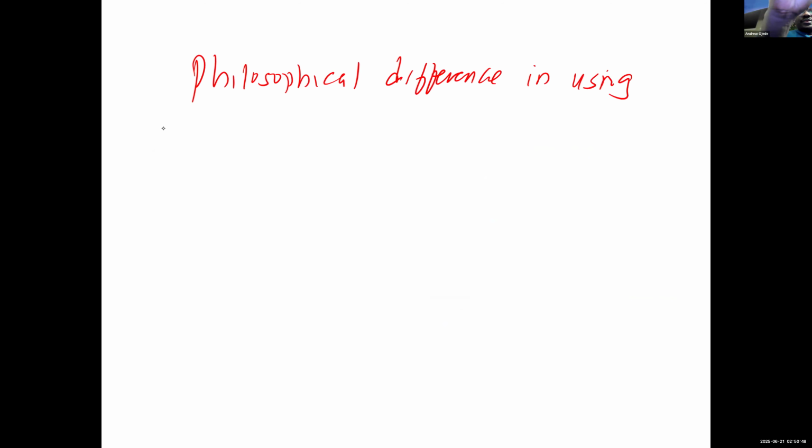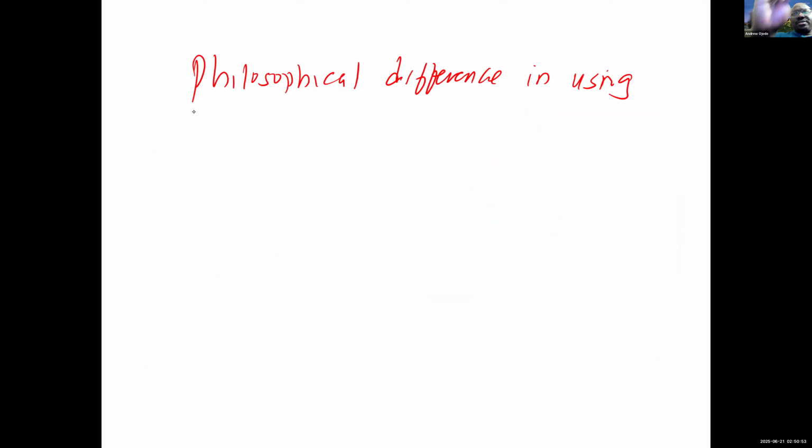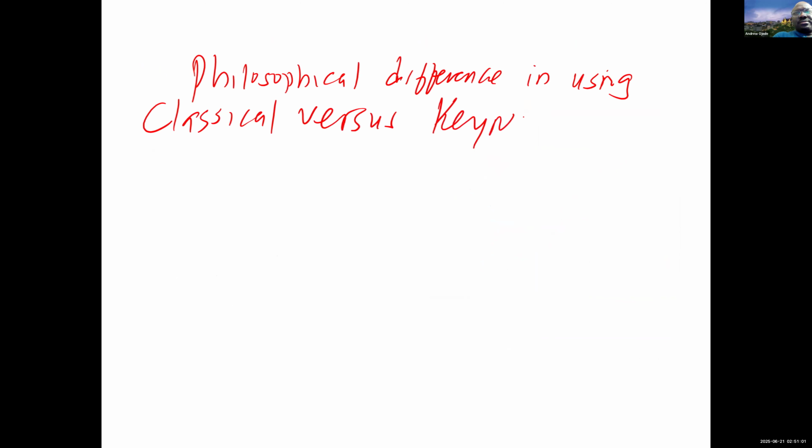So let's talk about the philosophical difference in using the classical versus Keynesian approach to closing a recessionary gap. What difference do you see in the end?